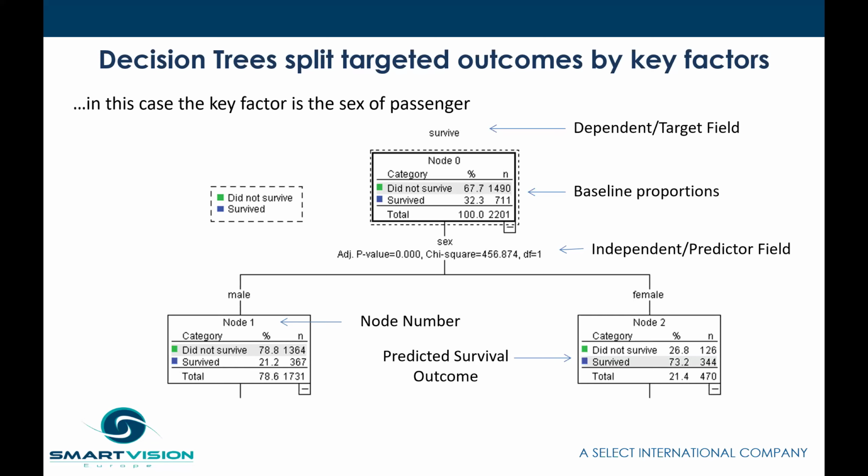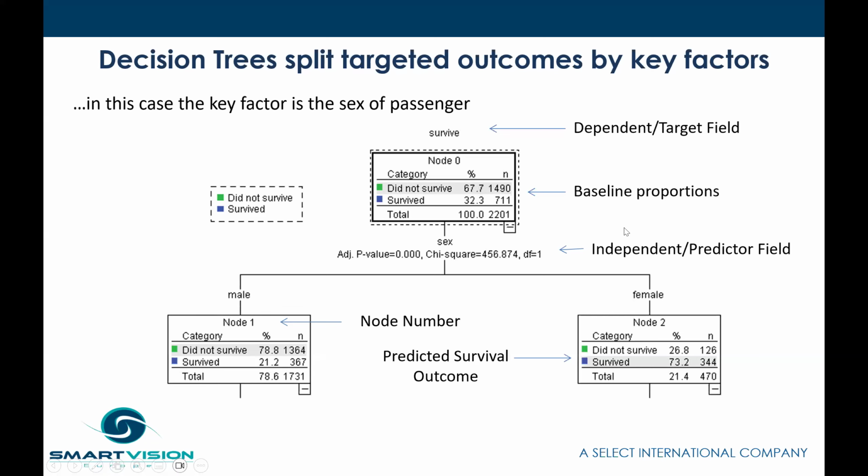You choose that key outcome, you identify all your independent fields which could affect that, and the decision tree starts to build a tree to try to separate one group from the next. For example here, we have a tree that just shows survival on the Titanic, where nearly 68% of people did not survive, and 32% survived.